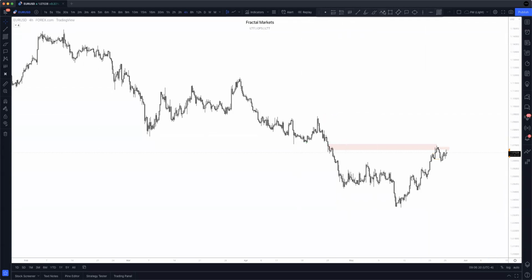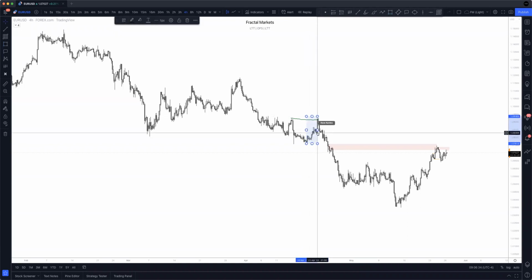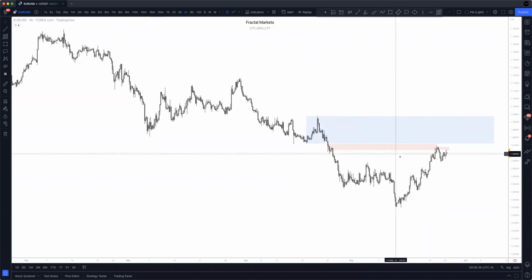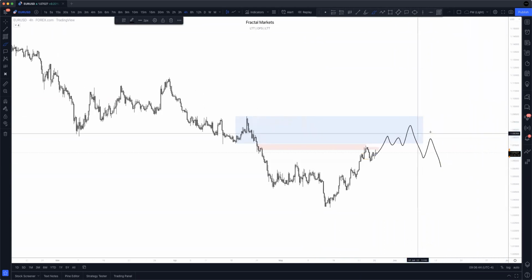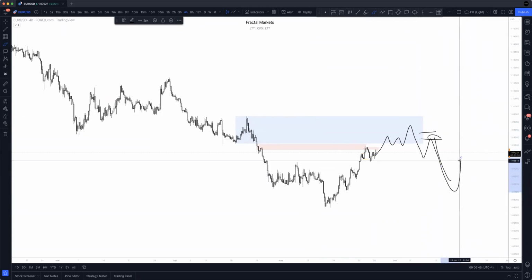Again, we just need to look for the right confirmations. What do we need to see? Well, we need to see something along the lines of this, to reestablish, get that bigger confirmation to then take this down. But yeah, it's all valid stuff, right?